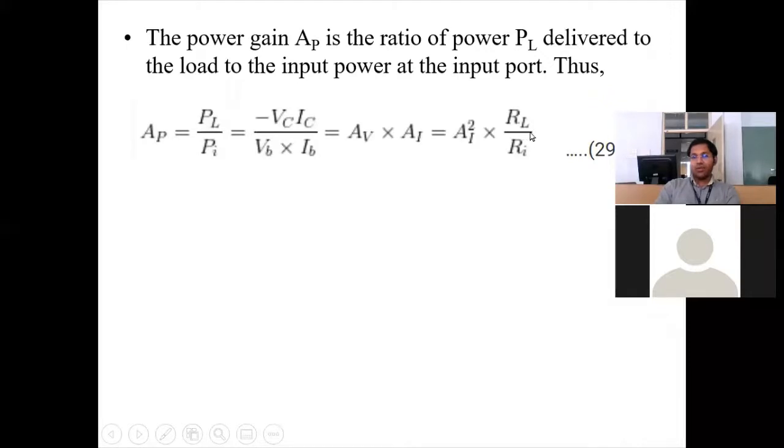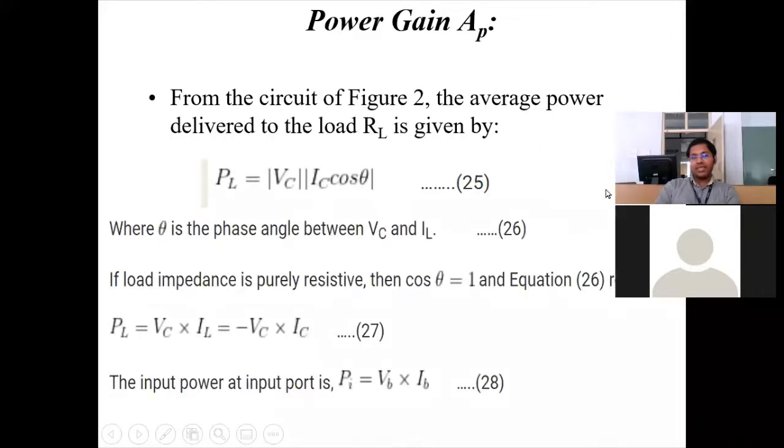So how are we finding power gain? For now, please remember this is valid for a purely resistive load. For a purely resistive load, power is voltage into current. Output power is output voltage VC into output current minus IC.